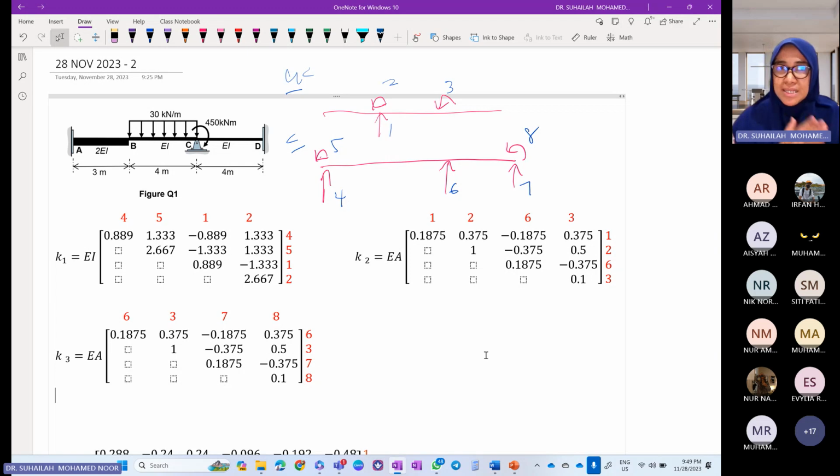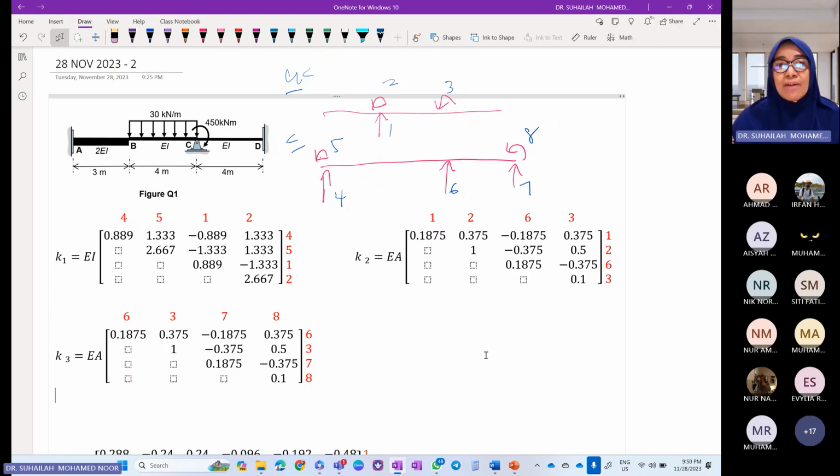We have to calculate what is AY value, what is moment at A, what is CY value, what is DY value, and what is MD value. We have to calculate the reaction at the support using stiffness method.